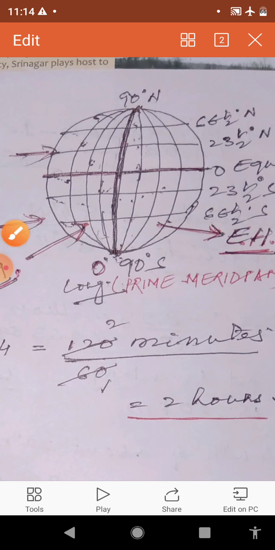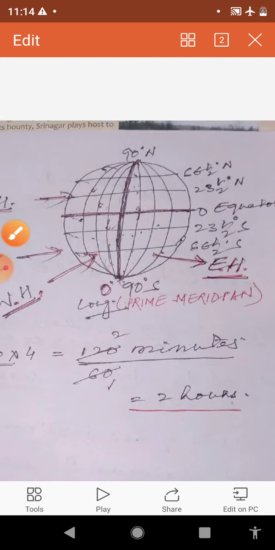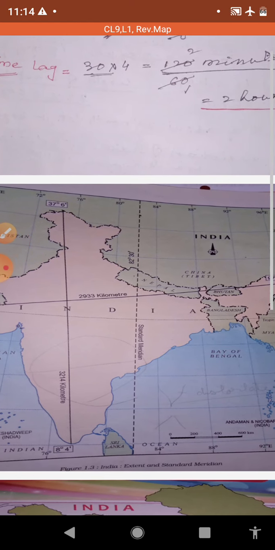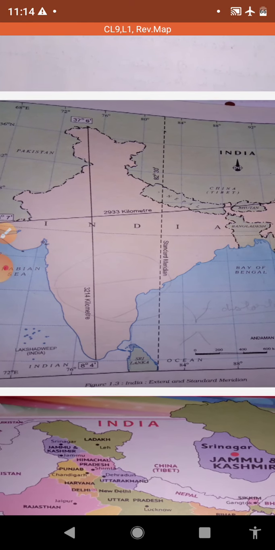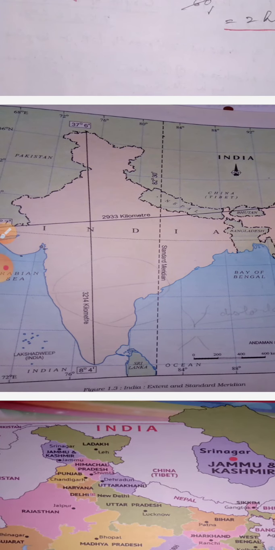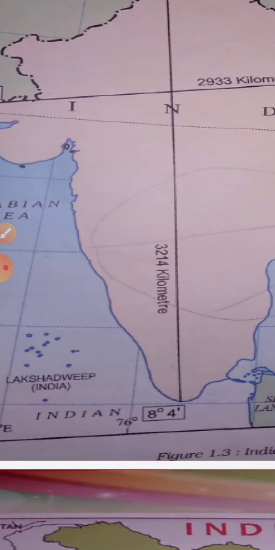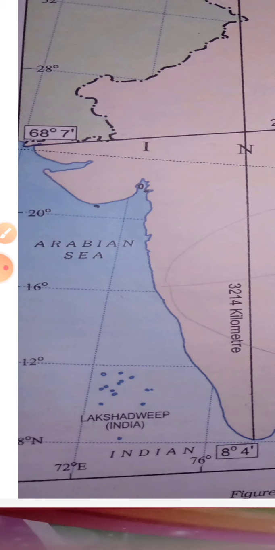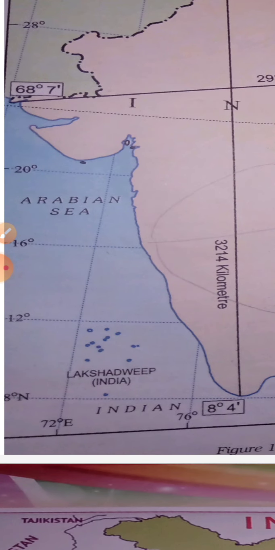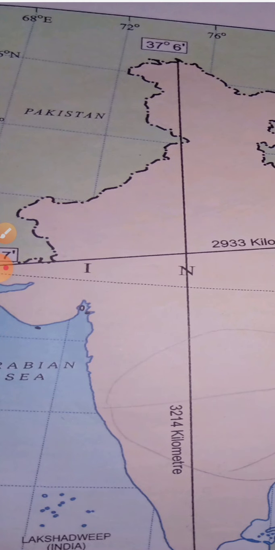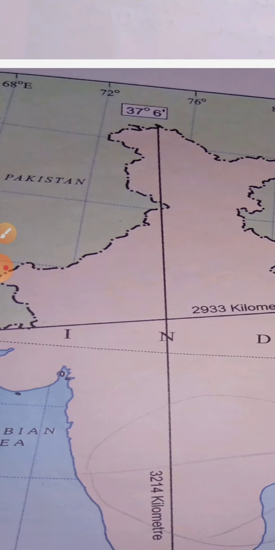Now let us discuss the latitudinal and the longitudinal extent of our country. If you see the map, with regard to the latitudinal extent of our country, you will notice that it is between 8 degree 4 minute north to 37 degree 6 minute north.